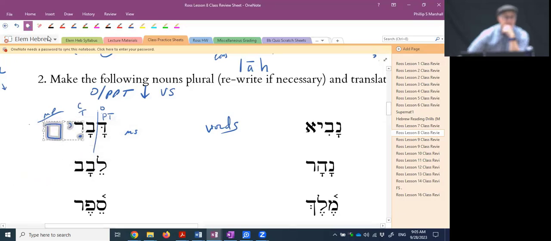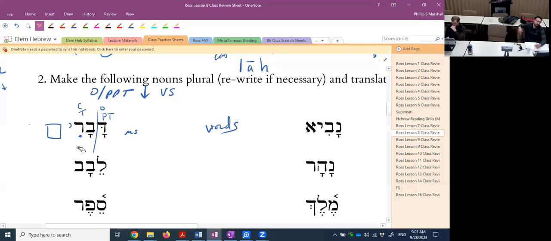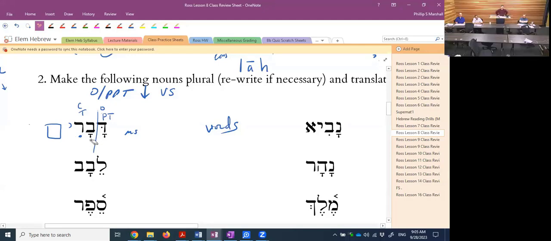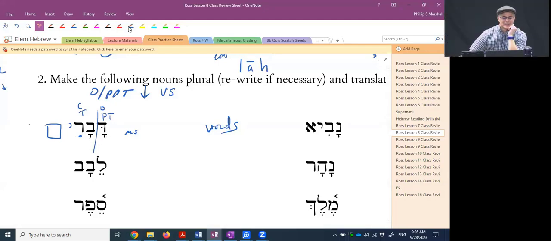Now, what do I have going on here? Do I have a closed syllable anymore? Yes, but it's the wrong part that's closed, compared to what I had before. I have to now divide here, and the resh can't be part of the va syllable like it was before.